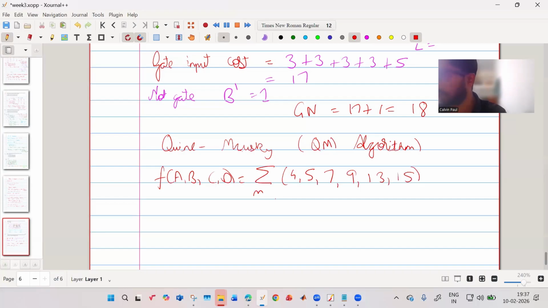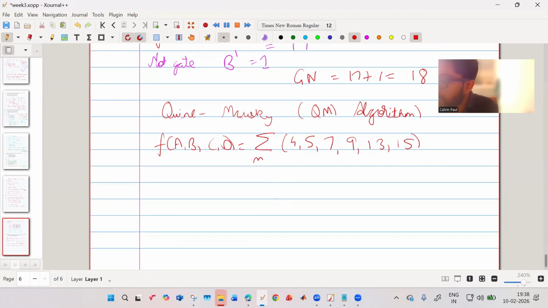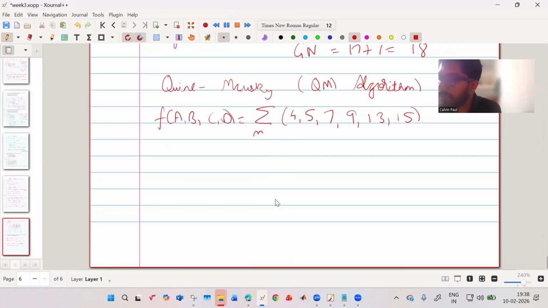Okay, let us make it simple. For this, we have to do the QM algorithm. So how do you do such a thing? First you write the truth table. It's a bit involved, so let us do it just for the ones.